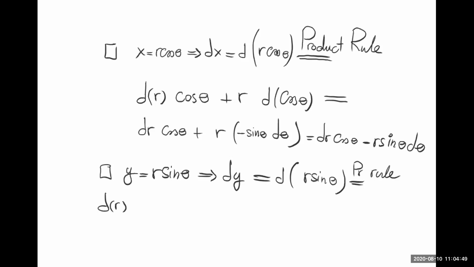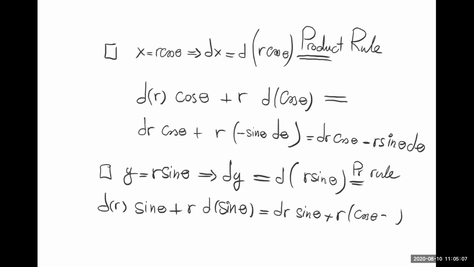It's d of r times sine of theta plus r times d of sine of theta. So we have dr sine of theta plus r times d of sine of theta. What is d of sine of theta? I should first take the derivative of sine of theta, which is cosine of theta, and then multiply it by d theta. Now, these are dx and dy.